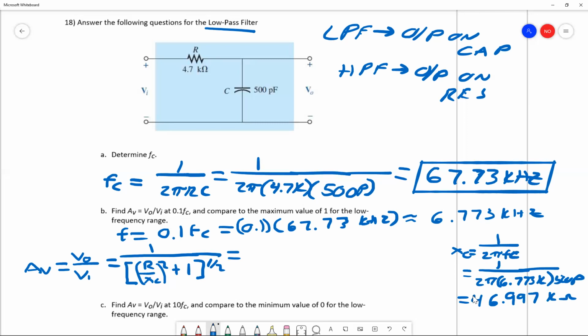So finally, what we're going to do is plug it all in. We're going to get 1 over the square root of R, which is 4.7 K, over 46.997 K, and that's going to be squared, plus 1, and then we'll plug that into the calculator.